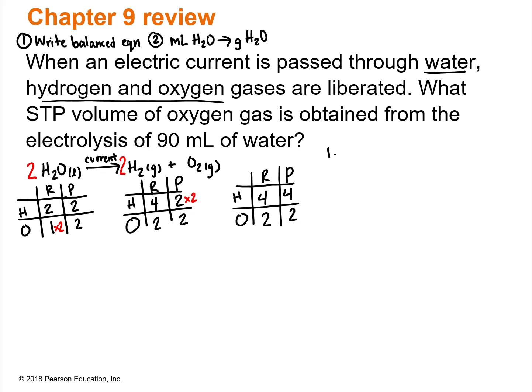The density of water is 1 gram per milliliter. So for every 1 milliliter of water, you have 1 gram of water. So those are the 2 key things that you needed before you could solve this problem.